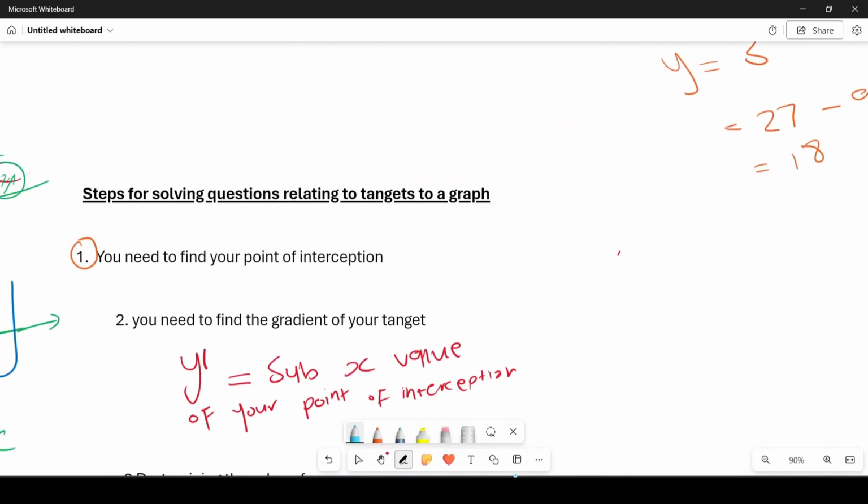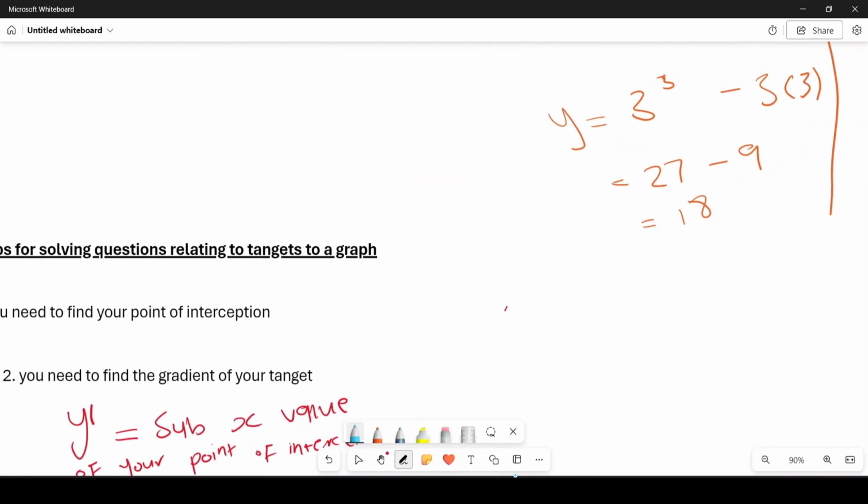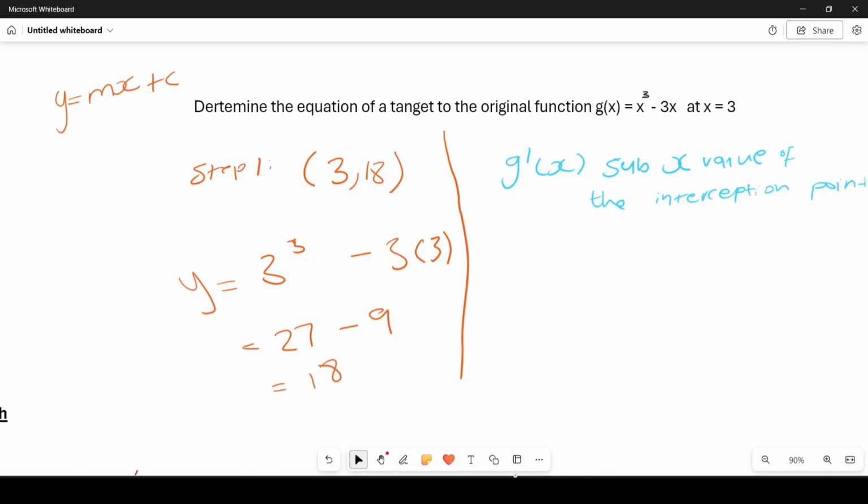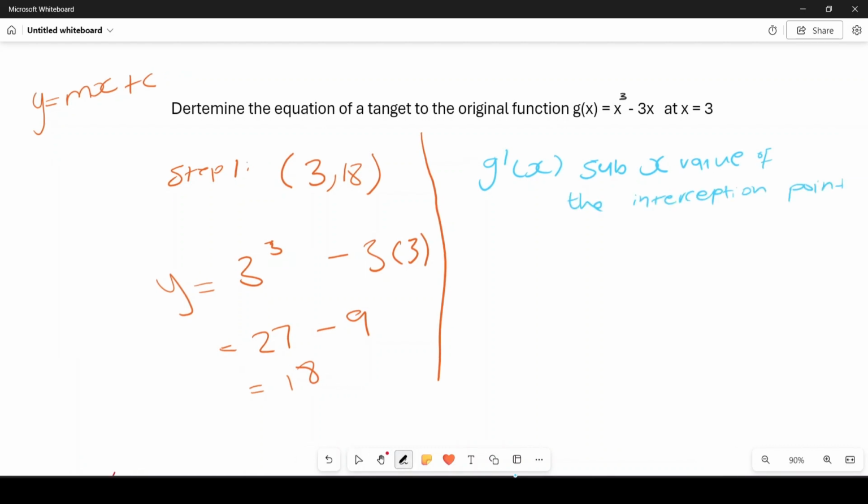Now remember step two, now I need to find what? You need to find the gradient of your tangent. Now, how would we go about finding our gradient? Remember, we need to find the first derivative, and from there, we're going to substitute the x value of our interception point. Now, let us find the first derivative of g of x.